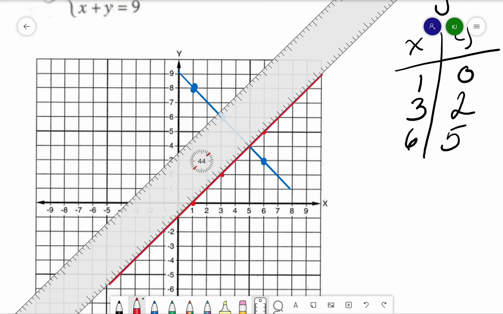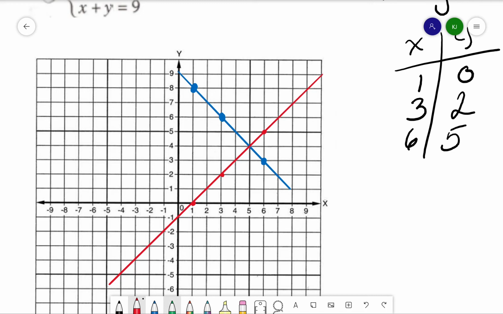Okay, now we can see that they do overlap, and here's our overlap point.